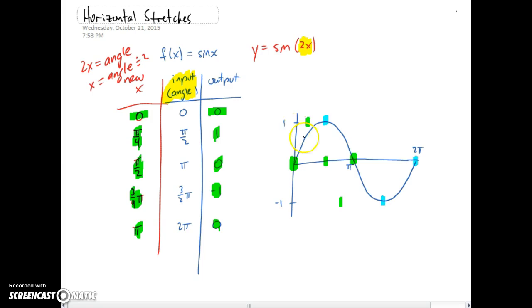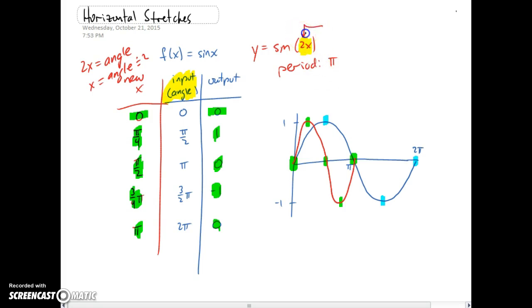So what happens is that graph, when I've done the 2x in there, what I've really done is I managed to fit an entire cycle into a space of pi units on my graph. So the period is now pi instead of 2 pi.